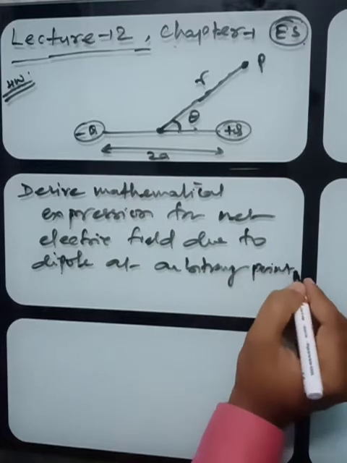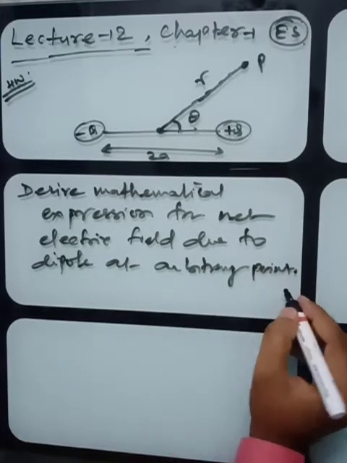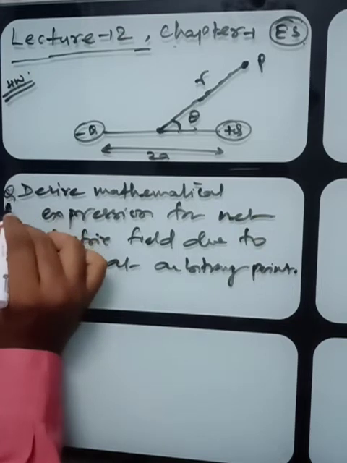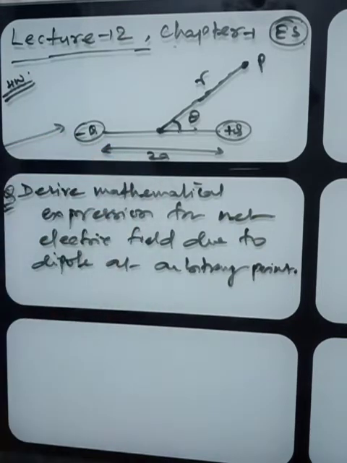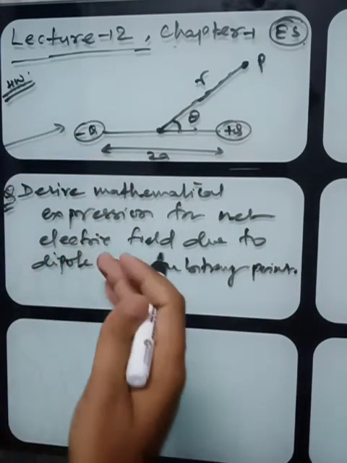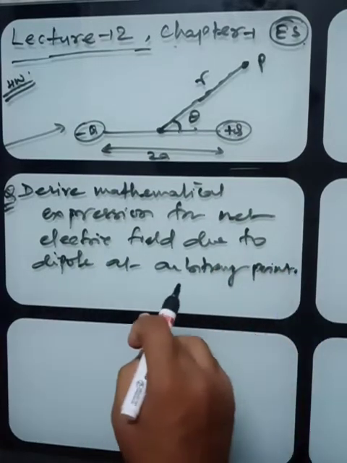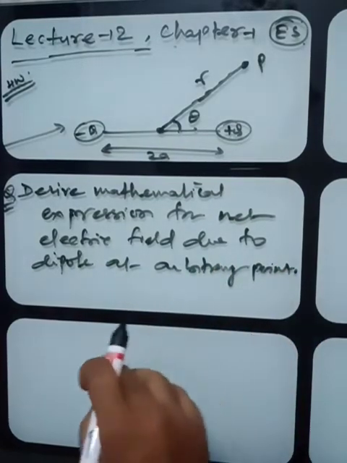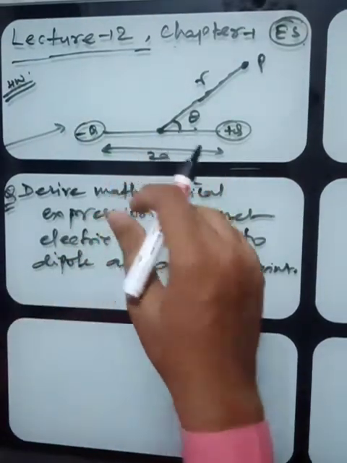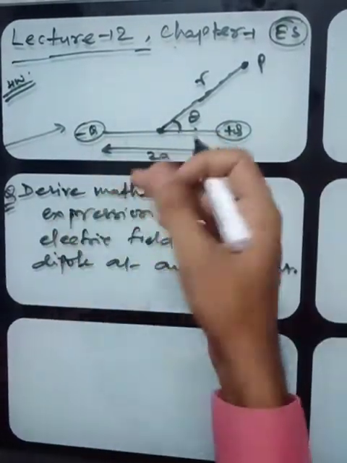Remember students, I am writing the same question that will be asked in your board exam. This is the question and this will be the diagram. How will you find the net electric field due to this dipole at an arbitrary point? This will be your homework. Try to solve it by yourself.